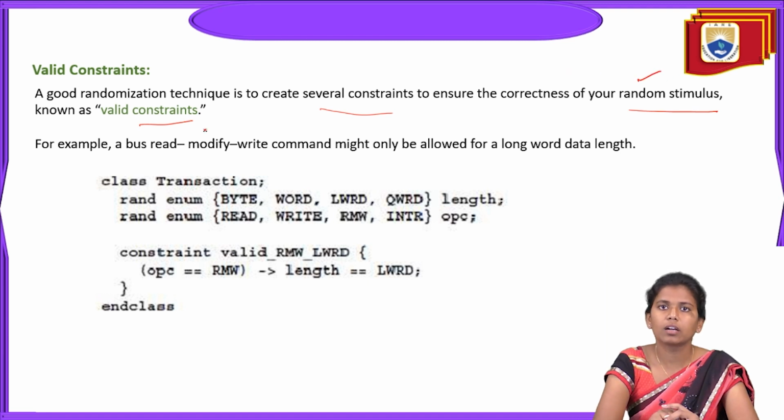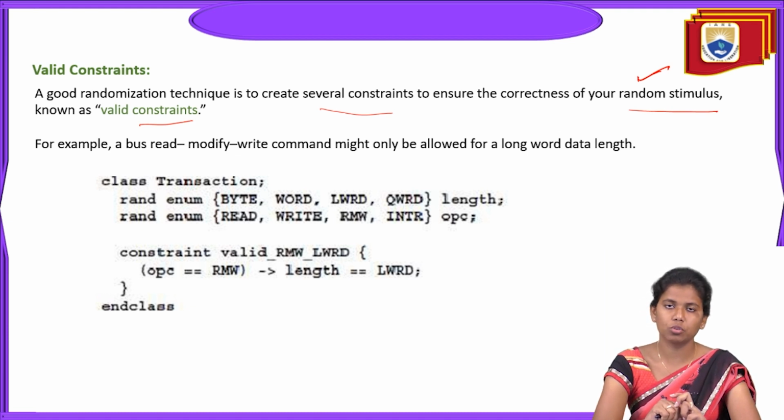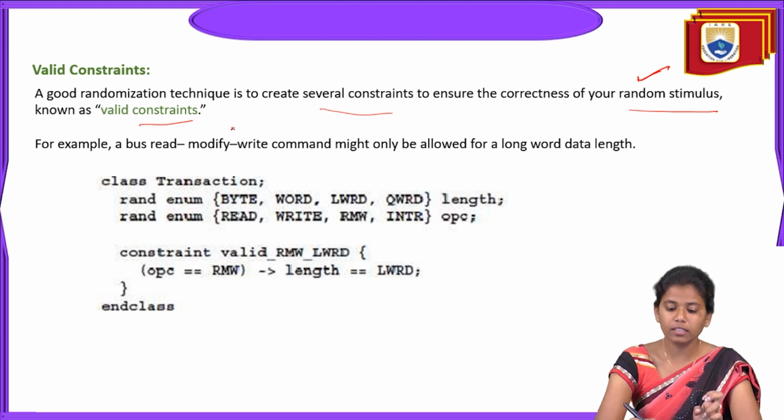In order to ensure the random stimulus of the variables that you are picking up, we can achieve a good randomization. That is nothing but the valid constraints.